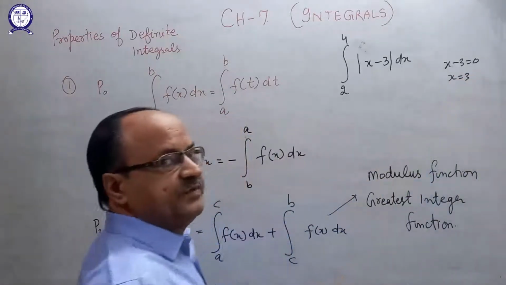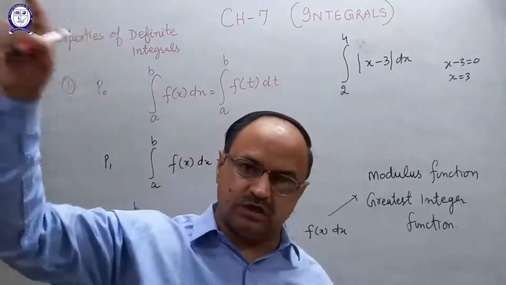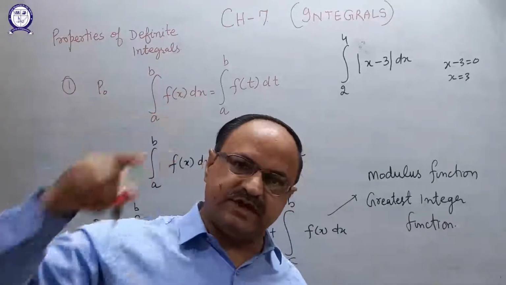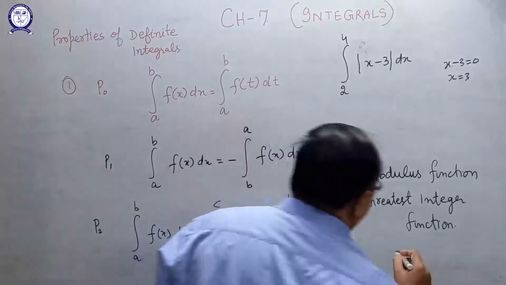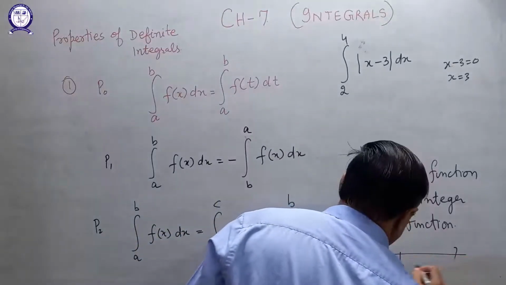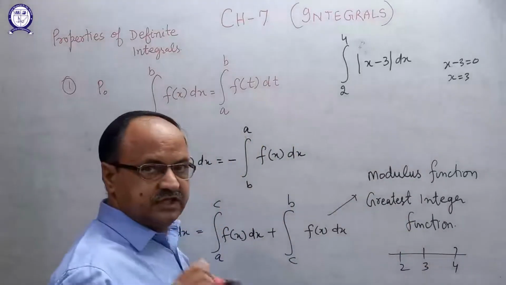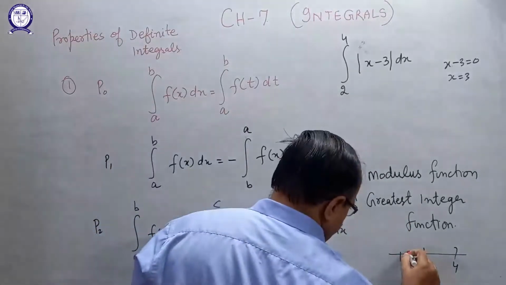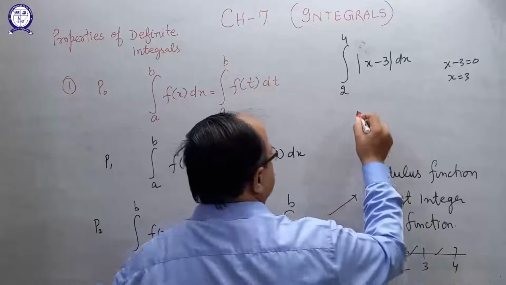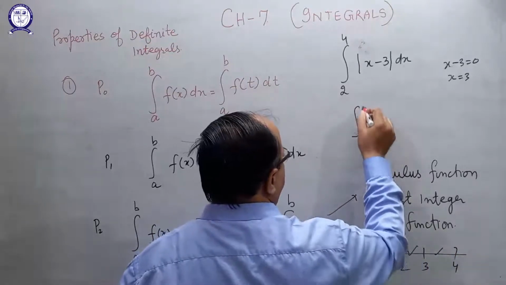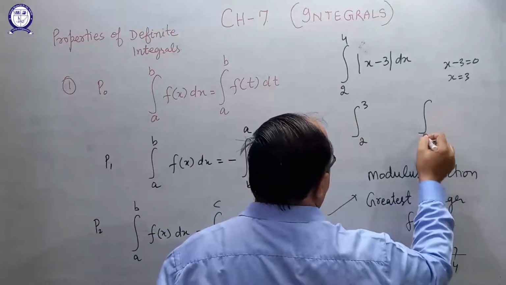It means 3 is the breaking point. Your limit is 2 to 4, and your breaking point is 3. Then there are two intervals, that is 2 to 3 and 3 to 4.